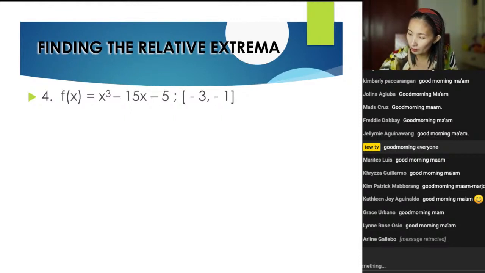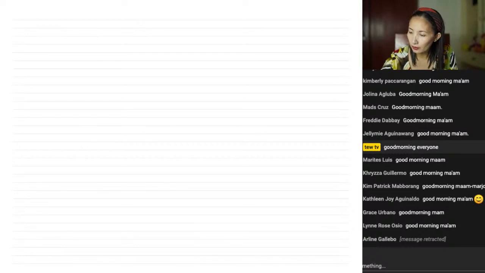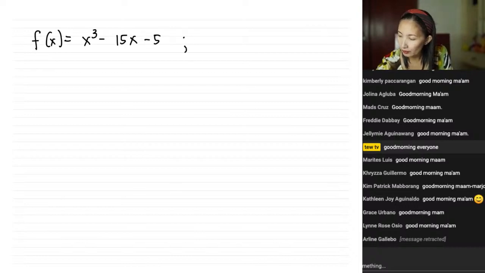Okay, let me add one more. New notebook. Okay. F of x equals x cubed minus 15x minus 5, closed interval negative 3, negative 1.